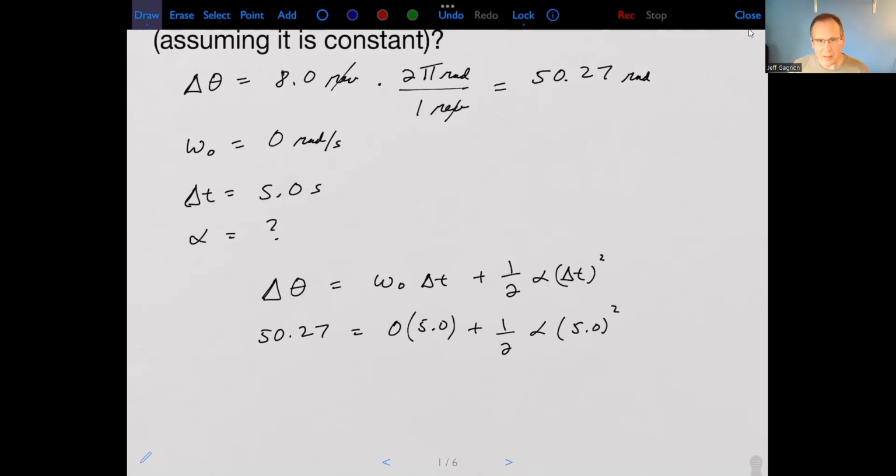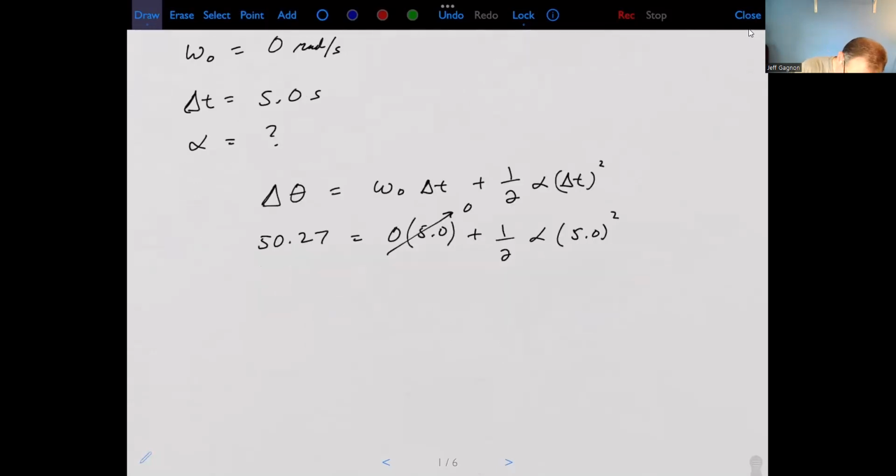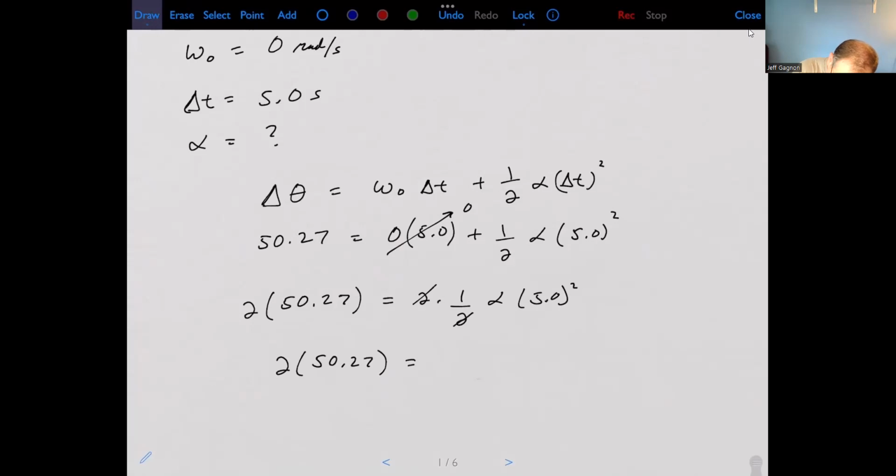So to solve this, this term is gone, that's just 0. I can multiply both sides by 2 just to get rid of that 1/2 on the right-hand side. I'll do it out carefully. If I multiply both sides by 2, the 2's cancel on the right-hand side. Then if I divide both sides by 5.0 squared, that'll give me alpha.